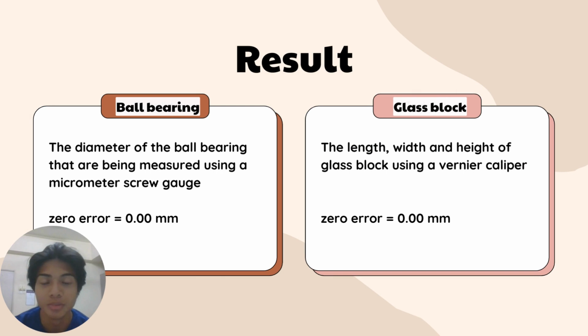Based on the experiment, here are the results for the ball bearing and glass block. For the ball bearing, the diameter is measured using a micrometer screw gauge. And for the glass block, the length, width and height are measured using a vernier caliper.